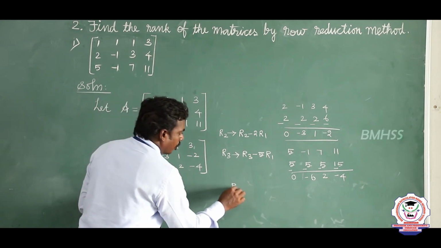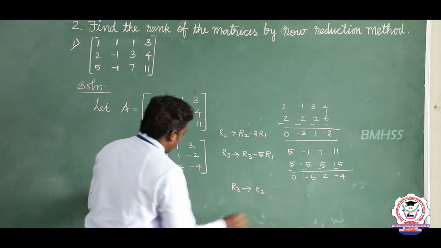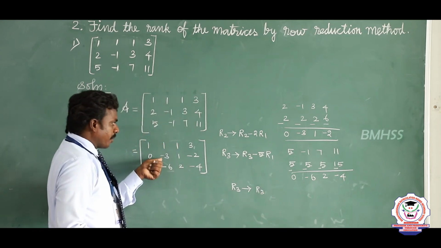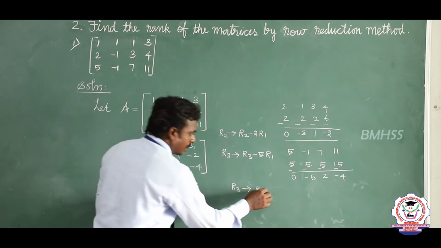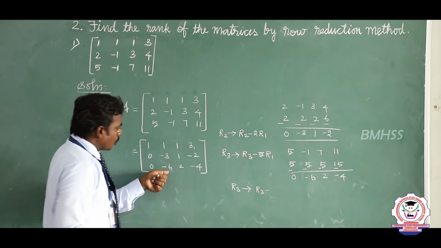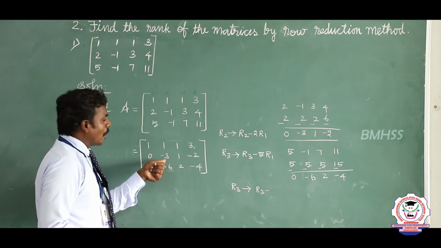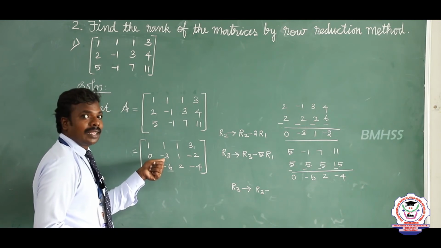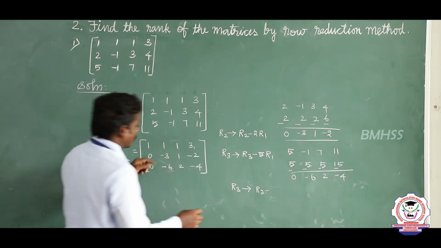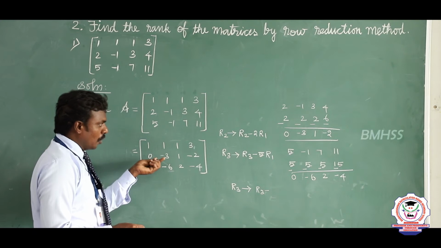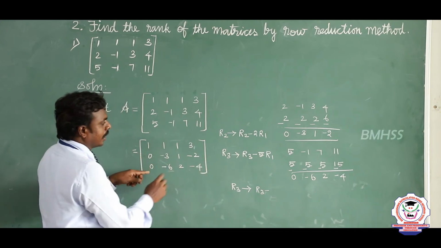In R3 I am going to make changes. In the second row there is 3 and in the third row there is 6. 3 twos are 6. If both are equal, you can subtract. That's why I am going to multiply the second row by 2.